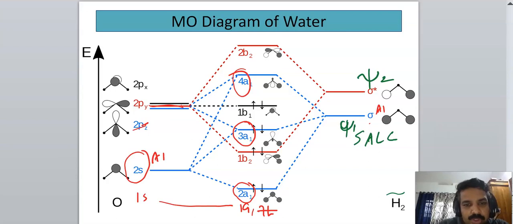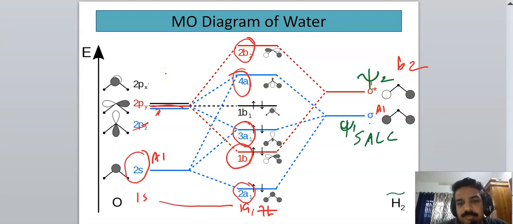And the 2py orbital, this blue line, combines with Psi2. Psi2 is actually b2 symmetry. So they form 1b2 and 2b2. Okay, this is 1b2. We can see here it is 1b2.